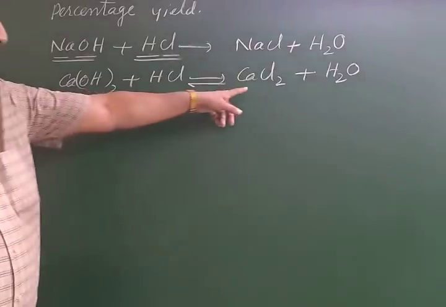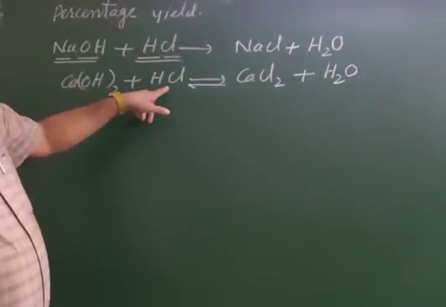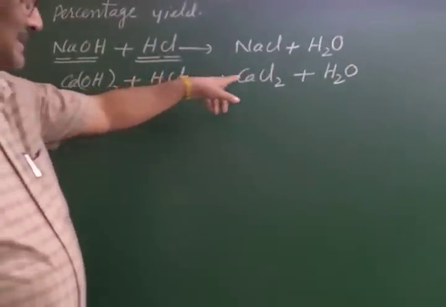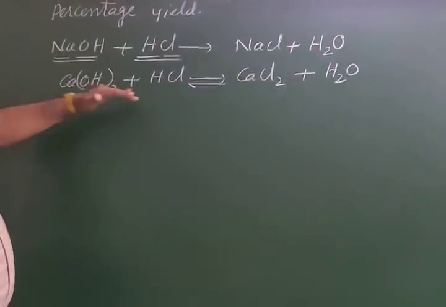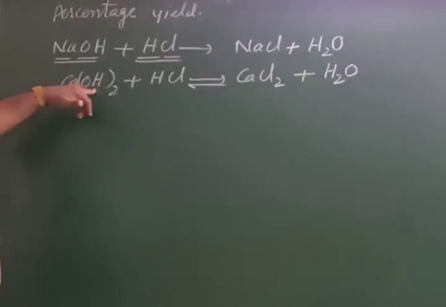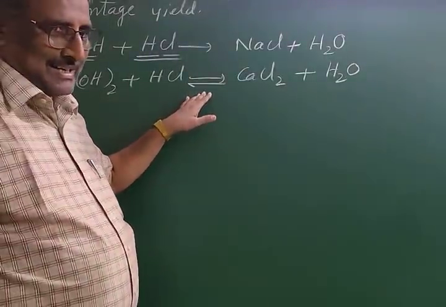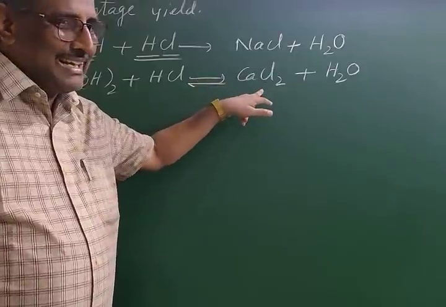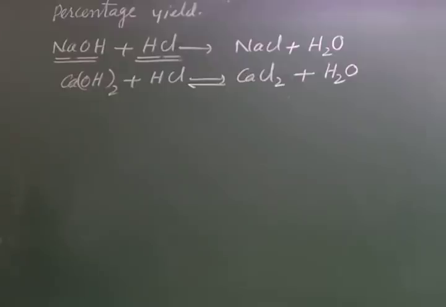Calcium chloride is a salt of a weak base and a strong acid. As a result, the calcium chloride reacts with water and forms a small amount of calcium hydroxide, which is present in the solid state. The reaction is not 100% completed. As a result, the yield is not 100%.